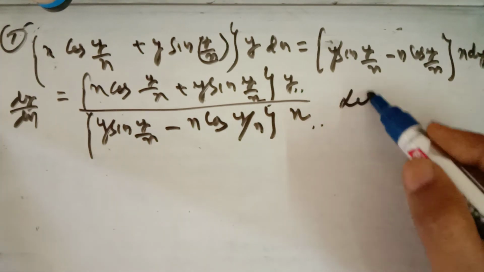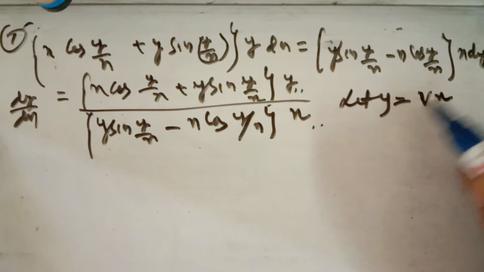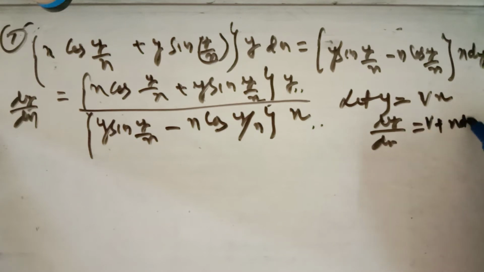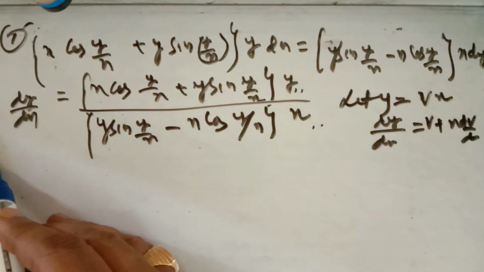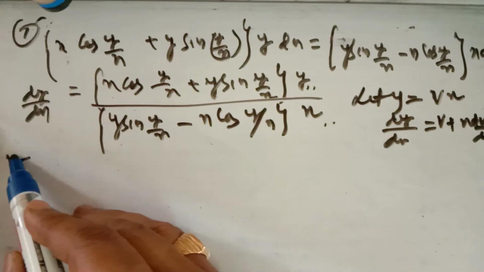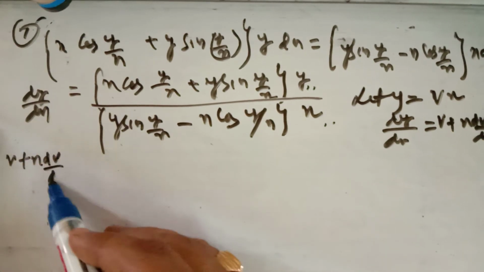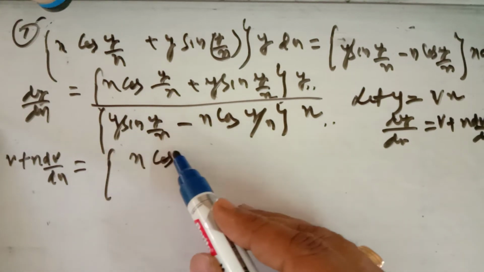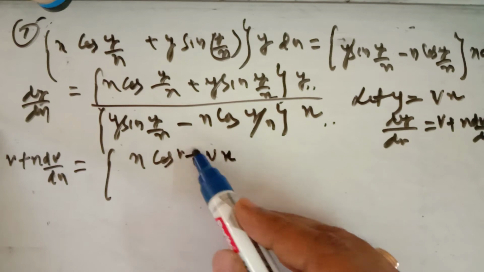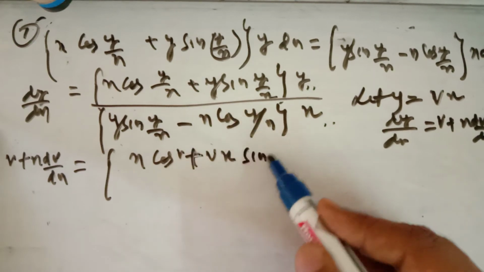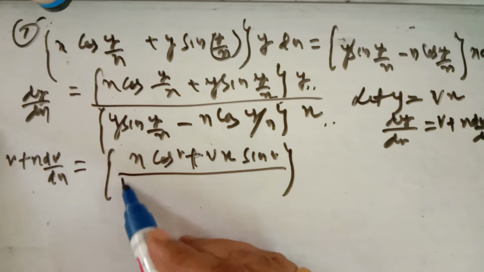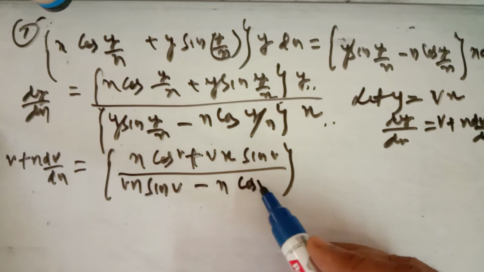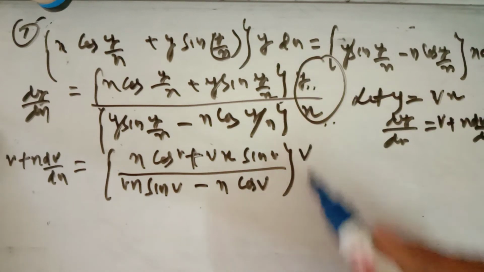So as usual, you let y is equal to vx, and dy upon dx will be v plus x dv upon dx. Be very careful. So x times y upon x will be v plus vx sin v upon vx sin v minus x cos v, and this y upon x is v.